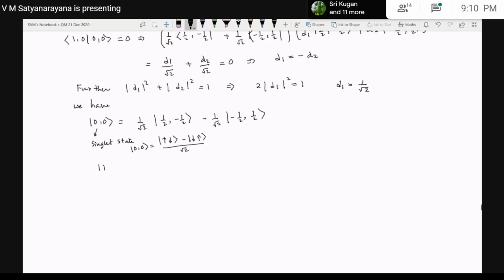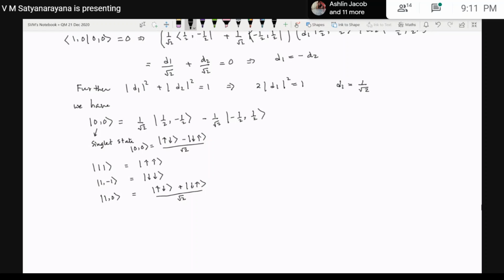You can have 1, 1, which is possible only when you have states like this, or you can have 1, minus 1, which is possible only if you have states like this. And 1, 0 is possible if you have states like up down plus down up by root 2, because this is symmetric upon exchange.